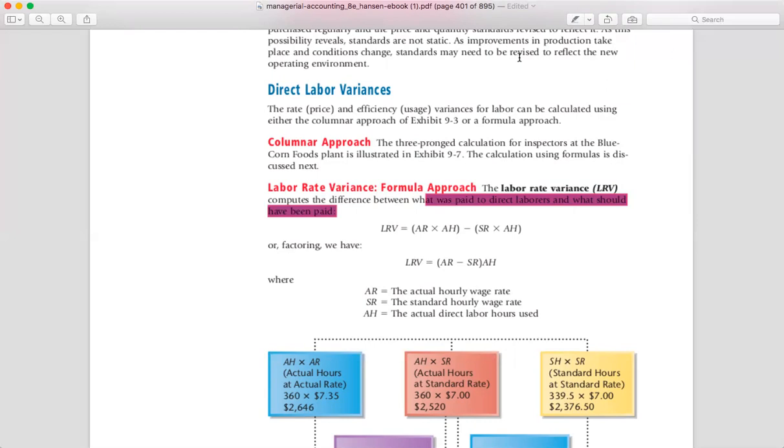So this one here, the labor rate variance, it's the actual hourly wage rate, the standard rate, and the actual direct labor hours used. Right? So there is the actual wage rate, then the standard wage rate, then the actual direct labor hours that are actually used to produce a product.